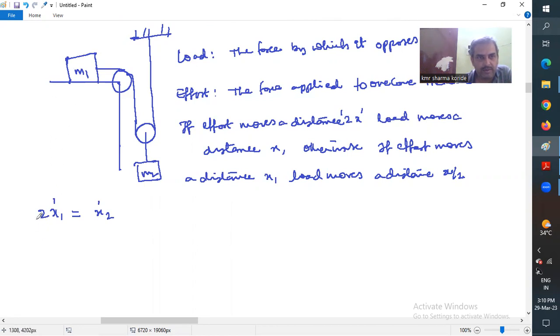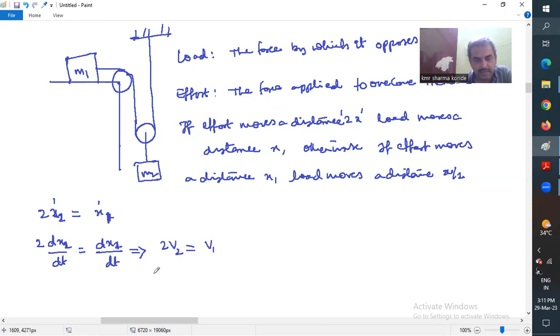Now, if you want to find the acceleration of m1 and m2 separately, first you differentiate x1 and x2 with respect to t. So dx1 by dt is equal to dx2 by dt, because the effort is moving a distance x2 and this is for the load. So this is going to be 2v2 is equal to v1.